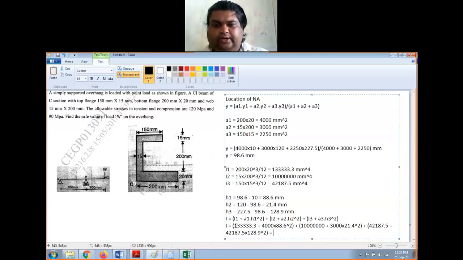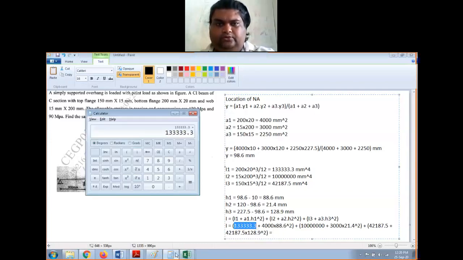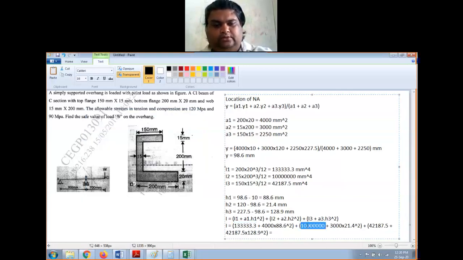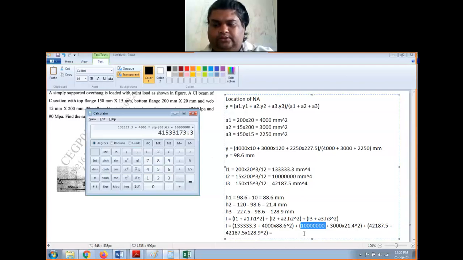Now let us try to calculate this. So I1 is this much plus 4000 into 88.6 square, plus this, plus 3000 into 21.4 square, plus 42187.5 plus, I think I substituted the area wrong here.